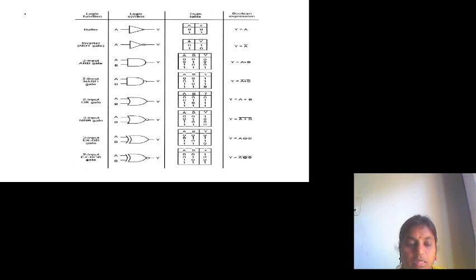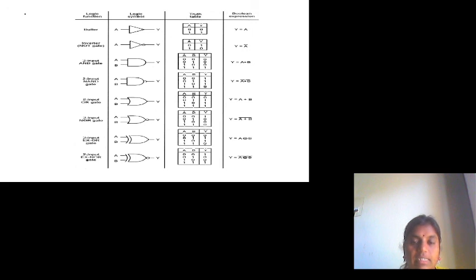So now, how to write VHDL code by representing this logic gate as an entity, and how to write the functionality of each and every logic gate within the architecture. In the next slide, we will discuss the VHDL.